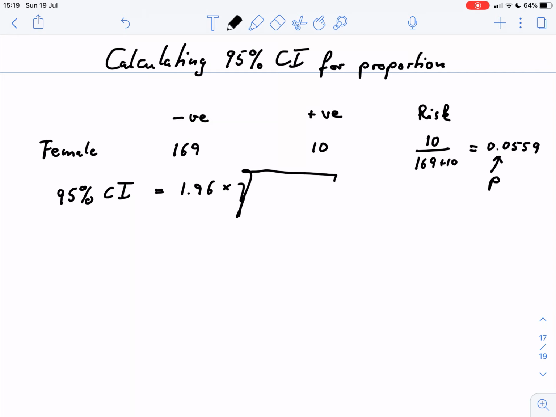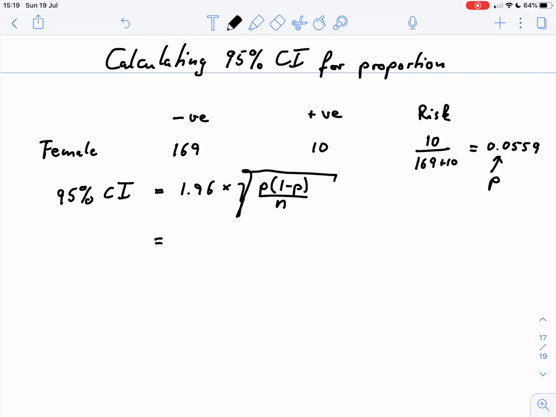Let's call that P. P times 1 minus P divided by N, and that is the total number of cases that we've looked at. So we can very easily do this.